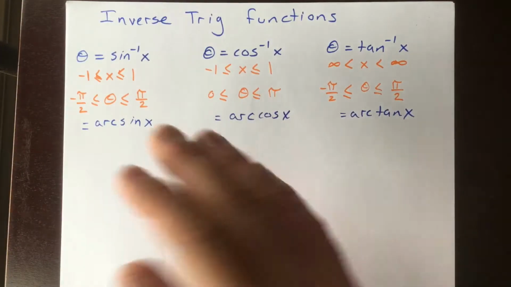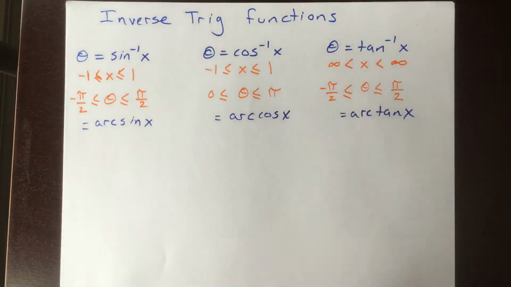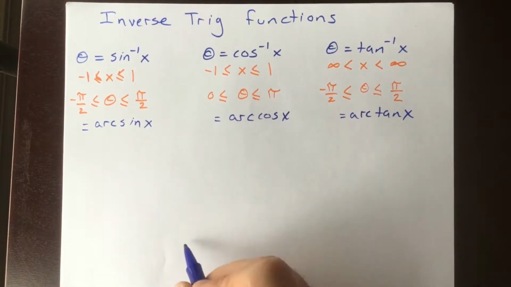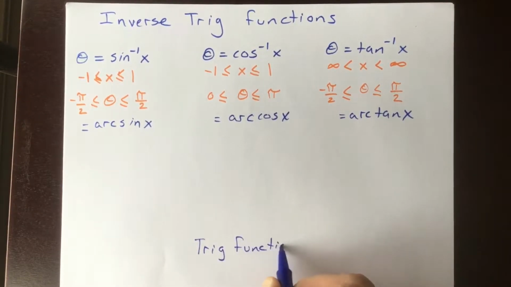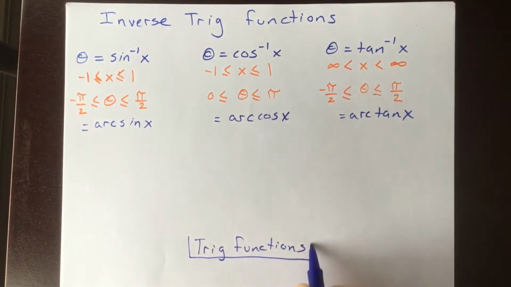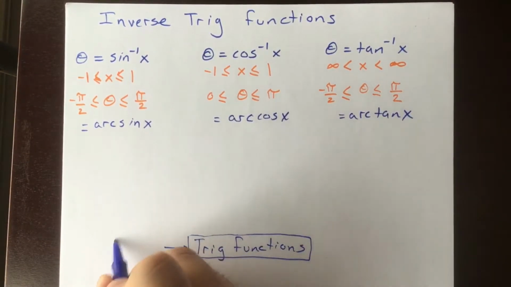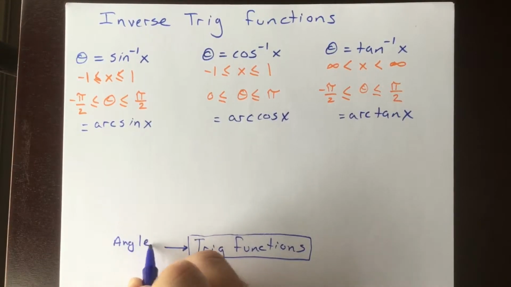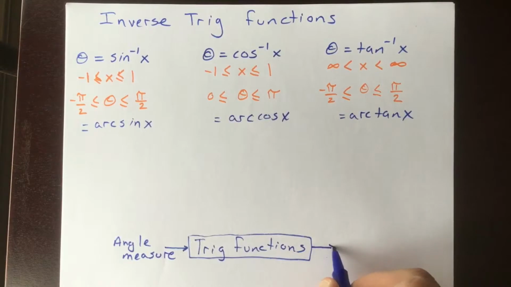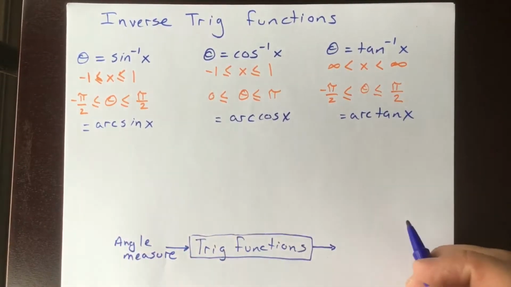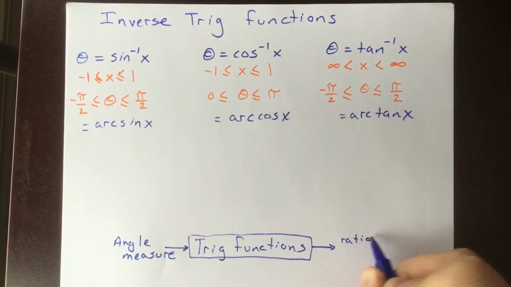Now what I like to think about is, when we were focusing on just trig functions, we have this box, that's a trig function. We were putting into it an angle measure, and once we put an angle measure into a trig function, we were getting out of it a ratio of side lengths.